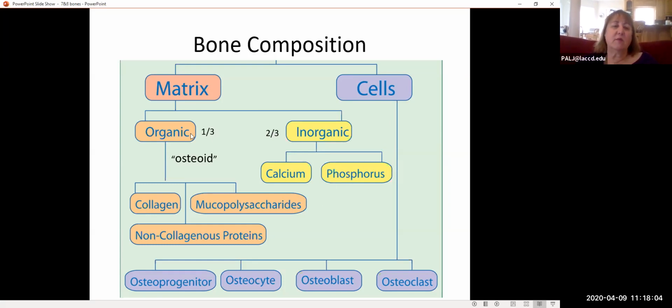So there is a term called osteoid, which your textbook uses. And anytime you see that word osteoid, what they are doing is talking about the bony matrix. So rather than saying the bony matrix or the extracellular matrix of the bone or the ground substance, they're just going to use the word osteoid, and then they're going to say, so the osteoid becomes calcified when the calcium gets deposited into the matrix.